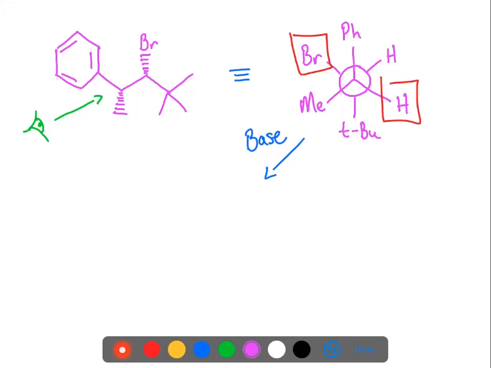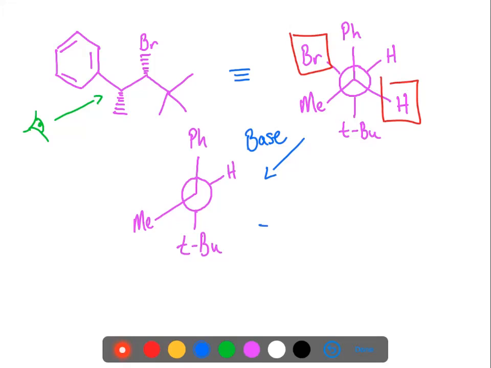We can redraw this particular conformation in the following way. And again, the double bond is in this plane, and so we can redraw our bond line structure.